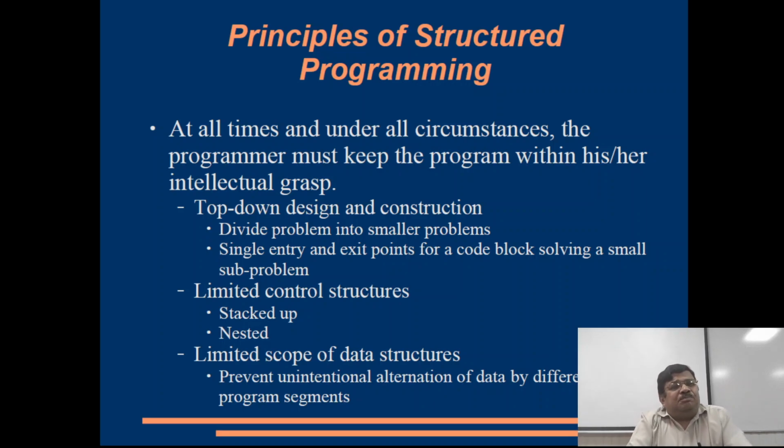Now, what procedural programming or functional decomposition aims at implementing is: what do you need to do? What are the actions that you need to do in order to arrive at the final desired output?